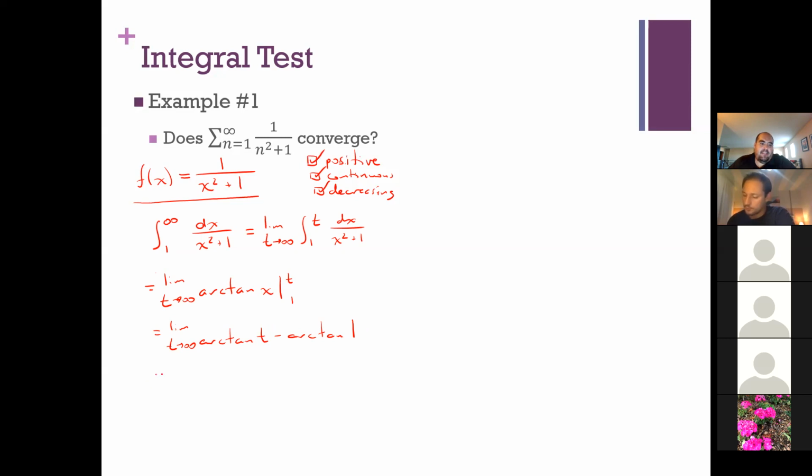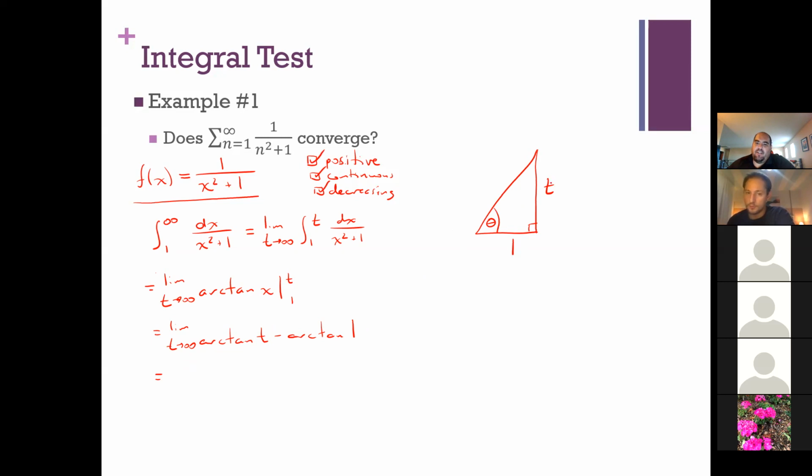And we did it last week, maybe 2 weeks ago. Let's draw a triangle here, just to jog your memory. Arctangent t, so here's my angle, theta. Opposite side t, adjacent side 1.